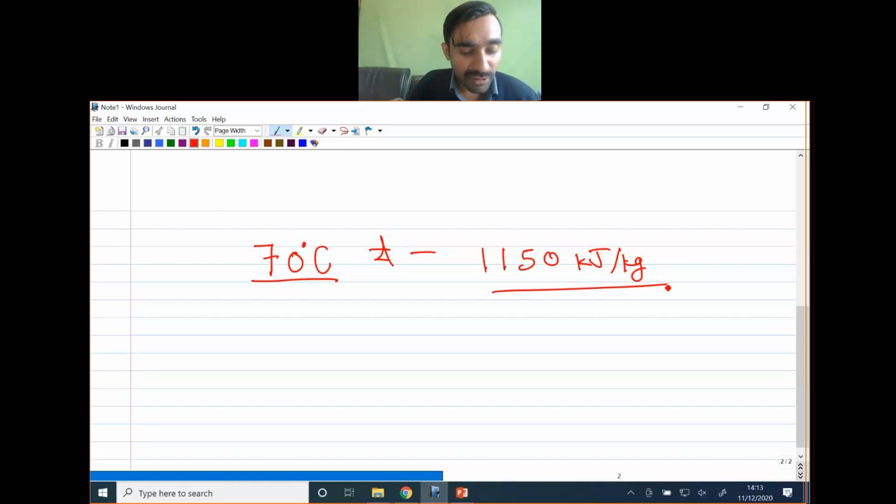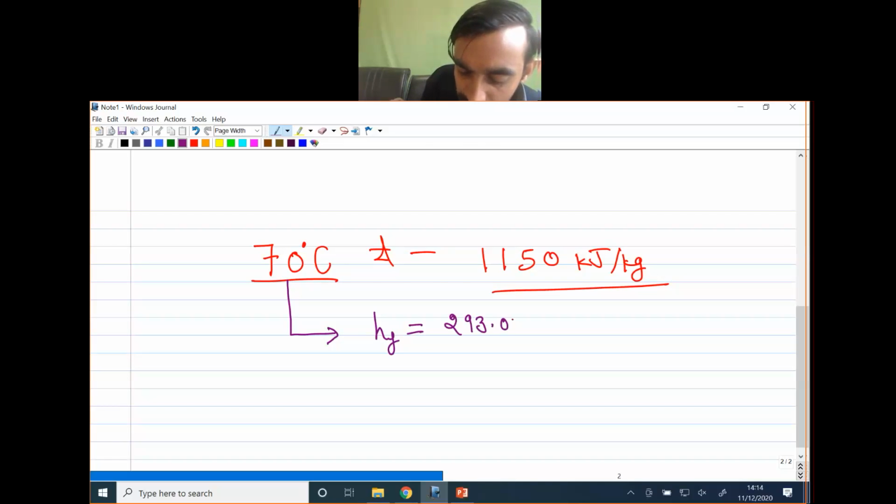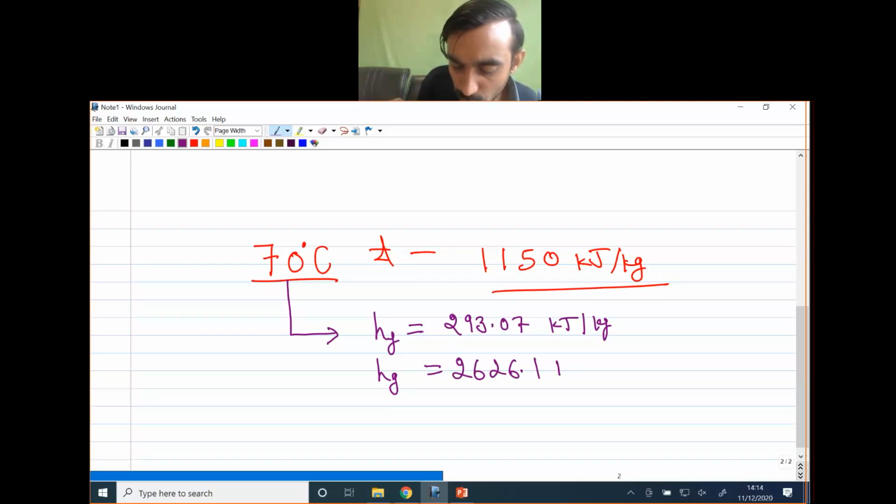For that I will once again refer to my steam table. Corresponding to 70 degrees Celsius, the value of HF is 293.07 kilojoule per kg, and the value of Hg at the same temperature is 2626.1 kilojoule per kg.